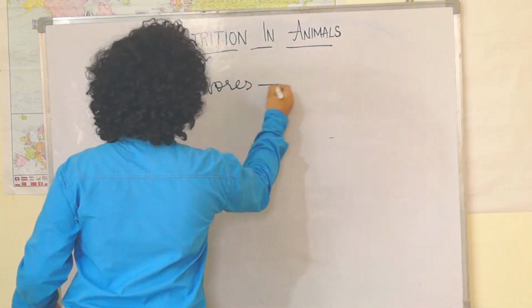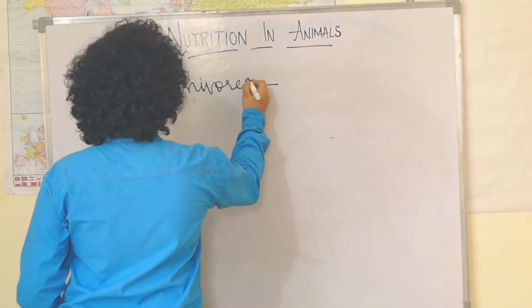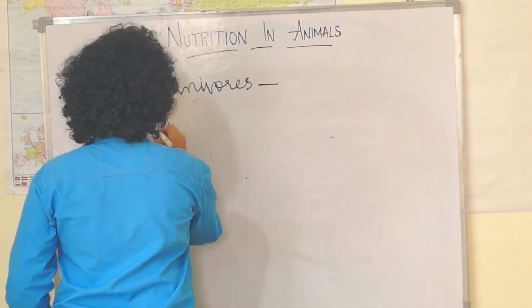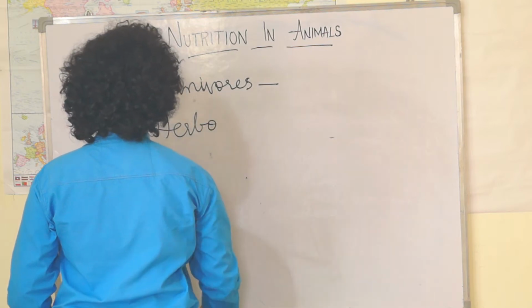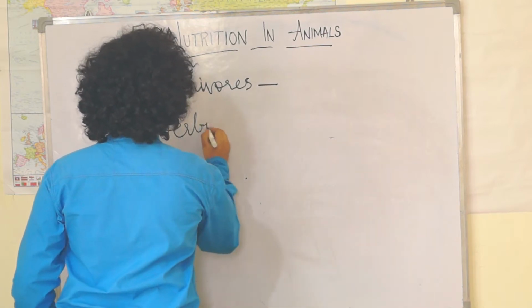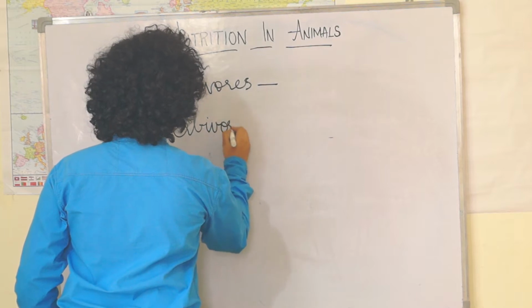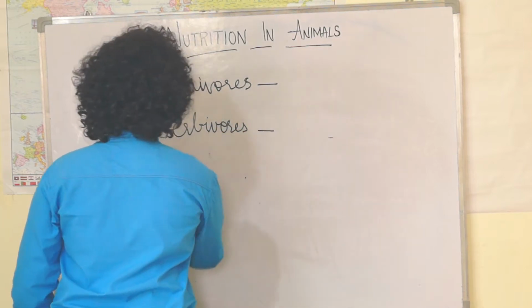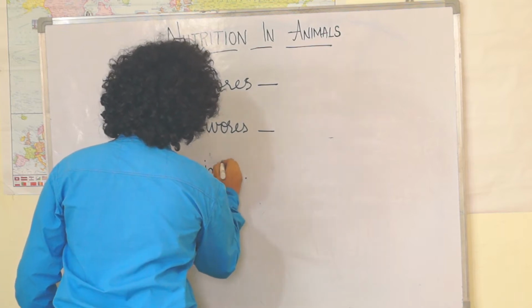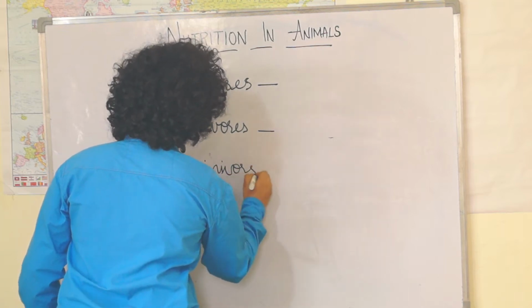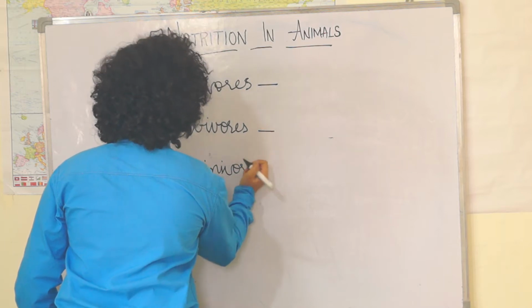Carnivorous animals are the flesh-eating animals, and you have the herbivorous animals, herbivorous animals and omnivorous animals.